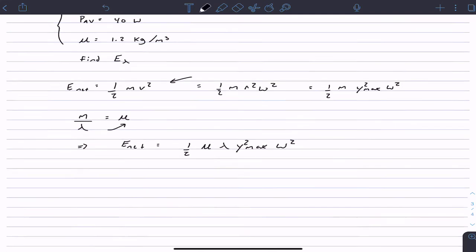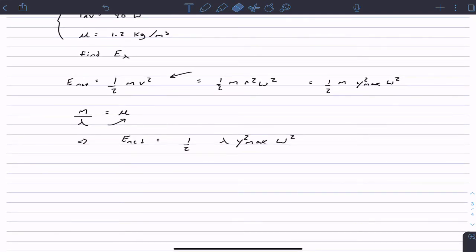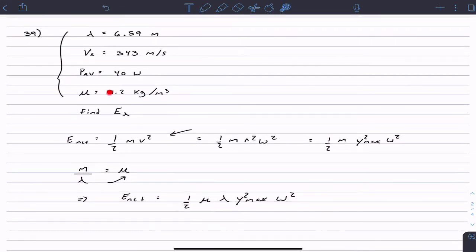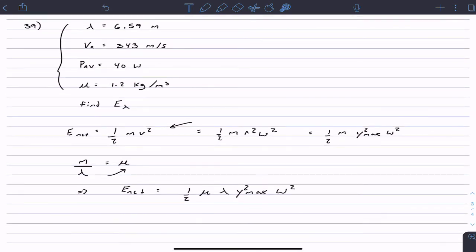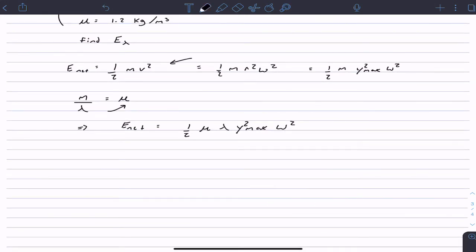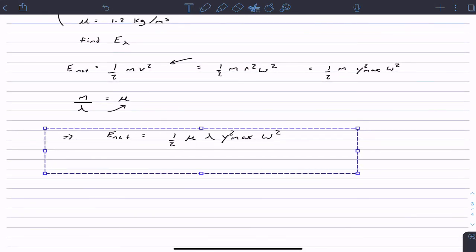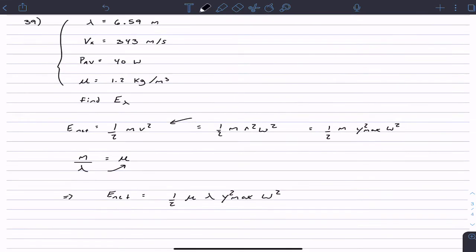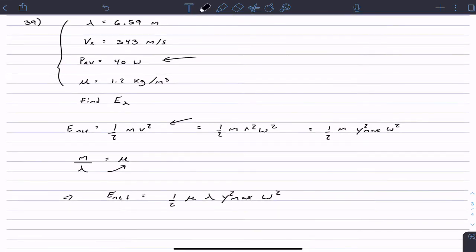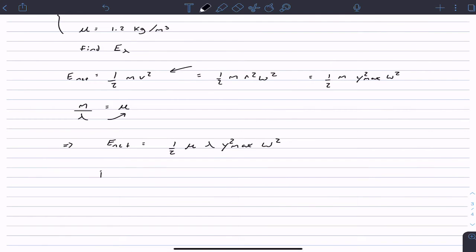We're given the density. Here we also have one more relationship that we need to look at, because we're also given power, right? This is something that we actually know as well. We just used this in another problem. So something like this: y max squared times the speed of the sound.